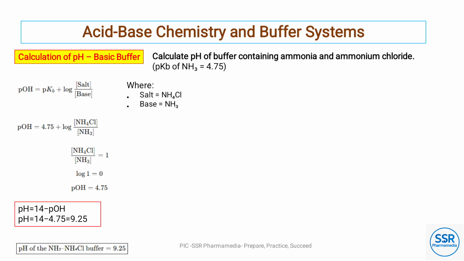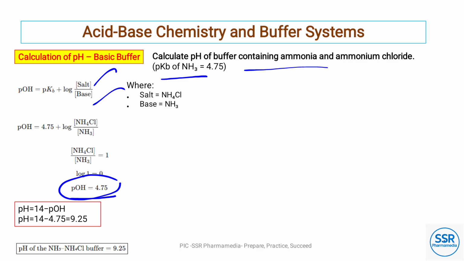So next, calculate the pH of a buffer containing ammonia and ammonium chloride. Same as before, at the 50% neutralization point, salt and base are of equal concentration. So here the pKb value of ammonia is 4.75, so pOH is equal to 4.75.